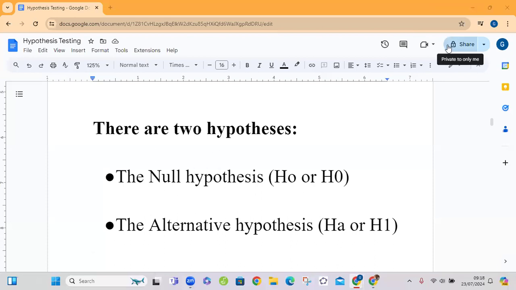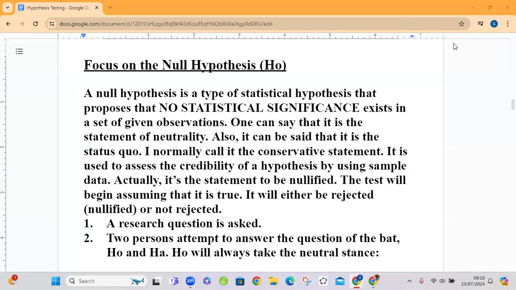Now, there are two types of hypotheses. The null hypothesis, with symbols HO or H0, and the alternative hypothesis, symbols HA or H1. So here, let's put a little focus on the null hypothesis, HO.